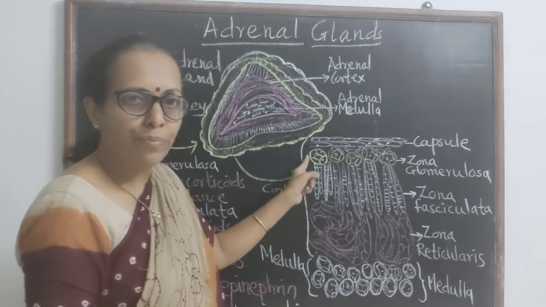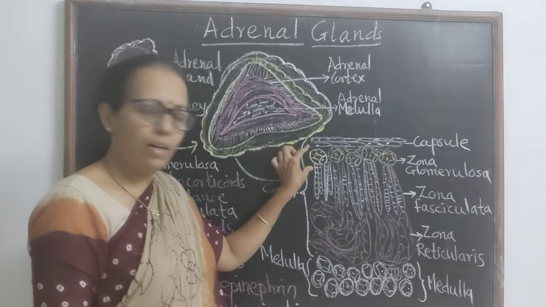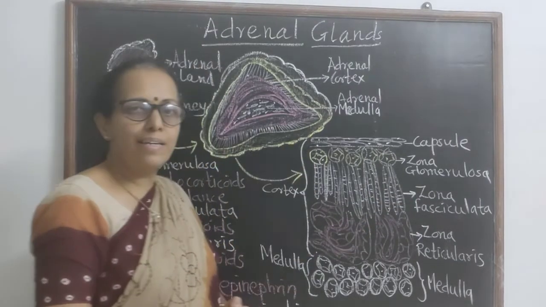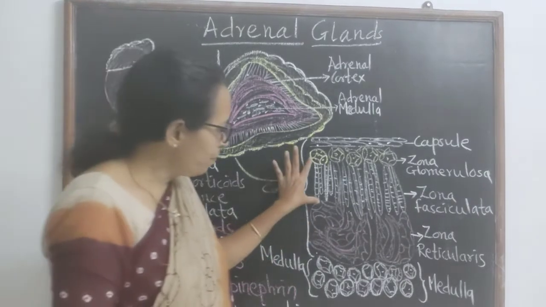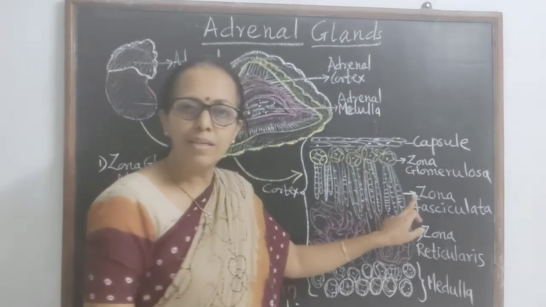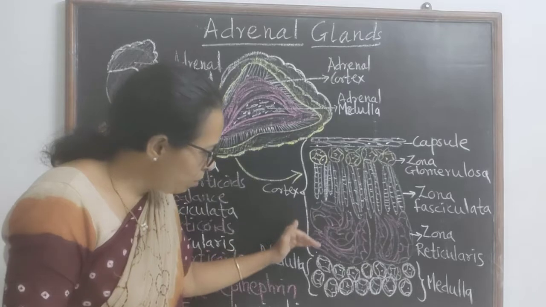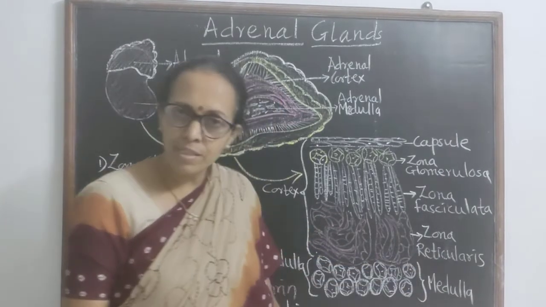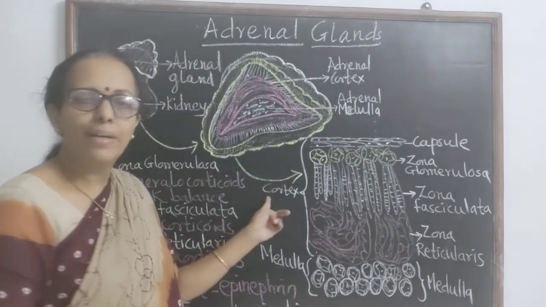Below that, a layer which is not very thick compared to the other layers is the zona glomerulosa. Below that, the thick layer is the zona fasciculata, and the innermost layer is called the zona reticularis. All these three layers form the cortex.